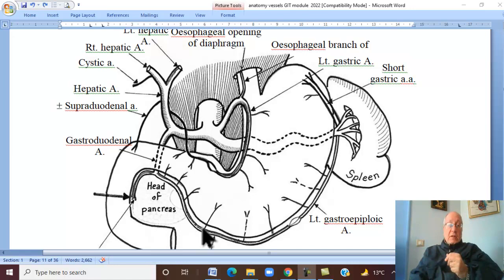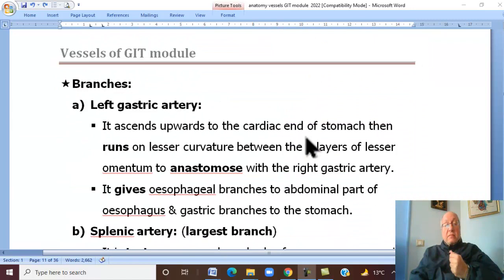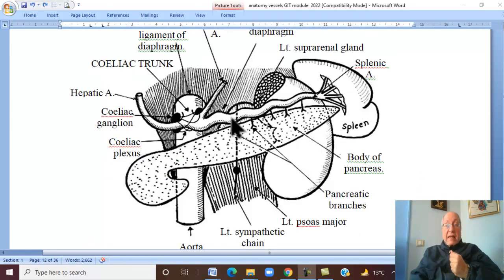And the celiac trunk supplies the upper half of the duodenum until the ampulla of Vater and the upper half of the head of pancreas by superior pancreaticoduodenal artery. The celiac trunk supplies neck, body, tail of pancreas by pancreatic branches of splenic.